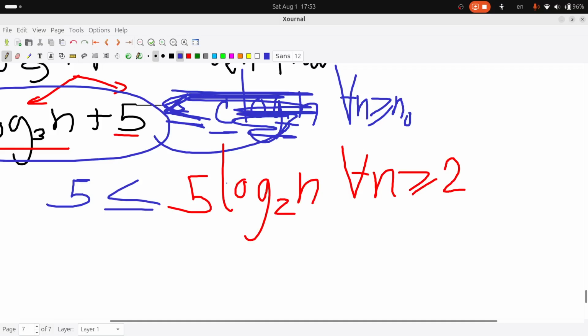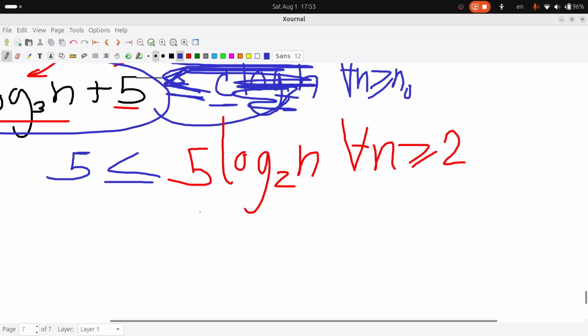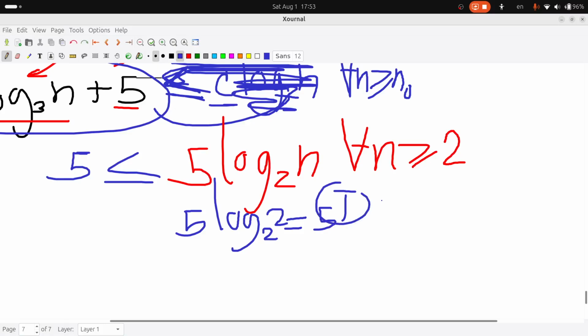We cannot use n equal to 1 because log 1 is always 0, and 5 will not be less than or equal to 0. So we have to use n equal to 2, because log 2 base 2 is 1, so 5 log 2 base 2 is 5, and 5 is less than or equal to 5. The inequality holds for n equal to 2.